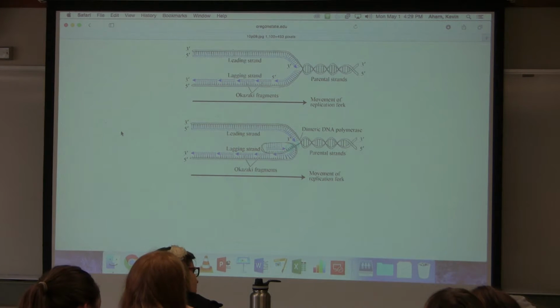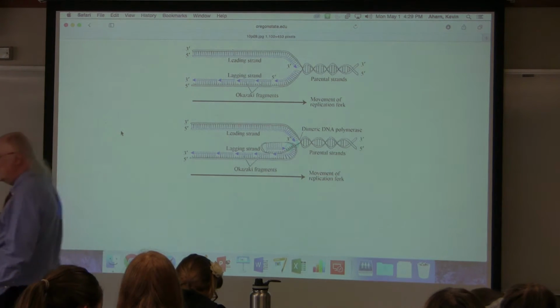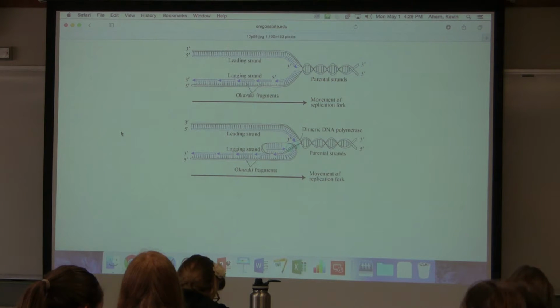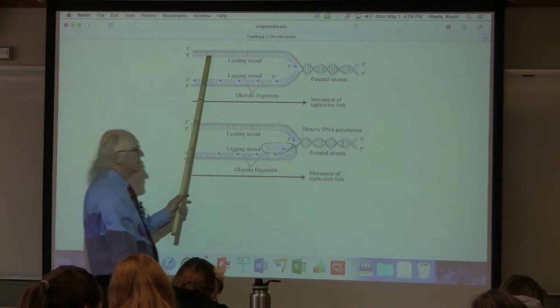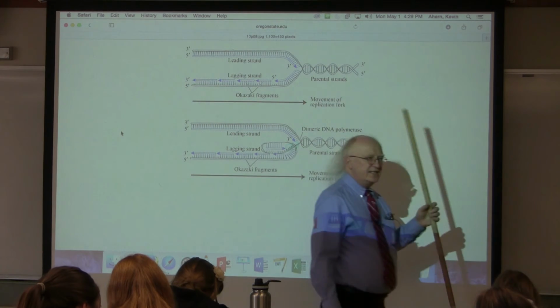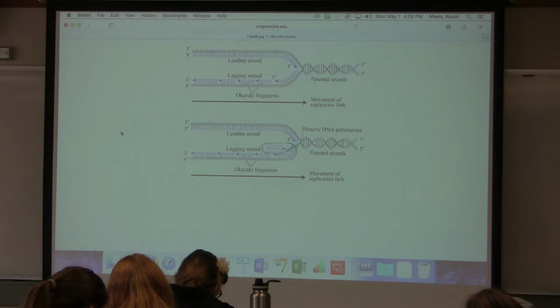And for this, the cell has to use an odd trick. The odd trick it uses is an enzyme called primase, P-R-I-M-A-S-E. Primase starts the DNA synthesis by putting down a small piece of nucleic acid where synthesis by the DNA polymerase is supposed to begin. What's the odd thing about it?